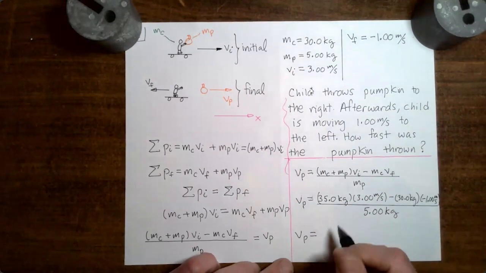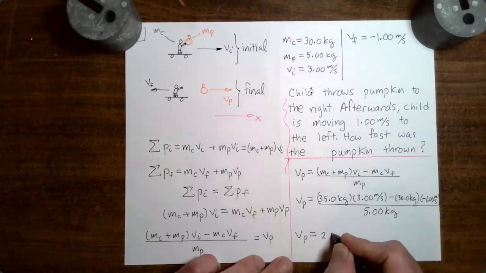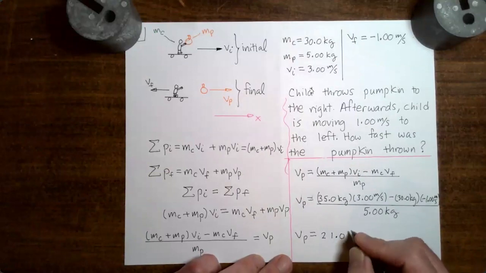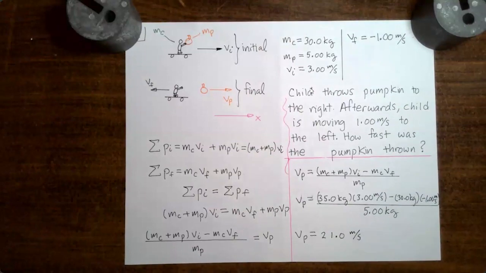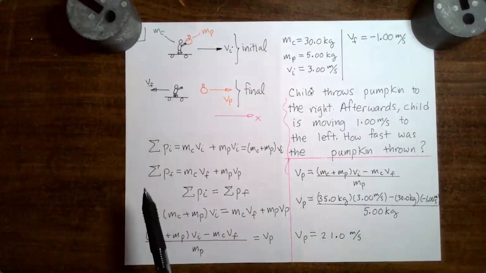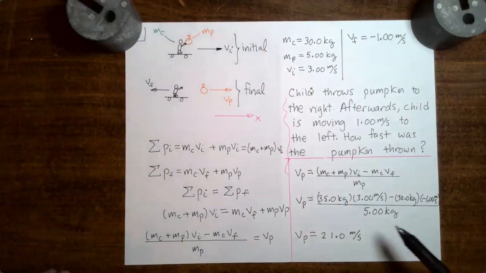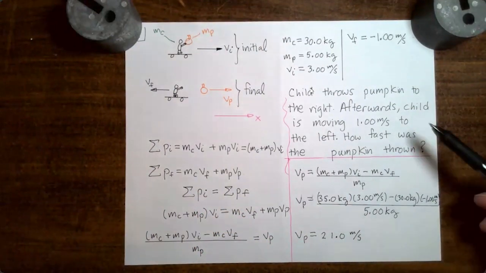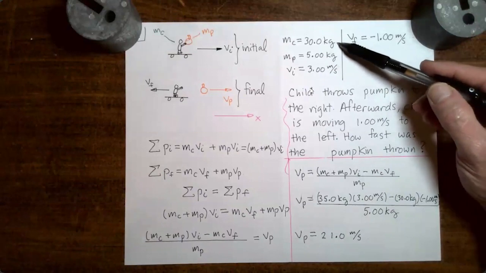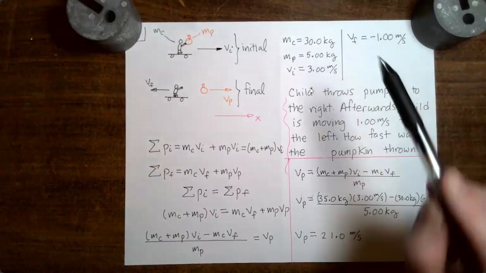When I substitute everything in, I get 21, and I'll let you do the unit checking on your own here, but the unit is meters per second, so the child threw the pumpkin at 21 meters per second. In case you were wondering, I'm well aware that this is a ridiculous speed for a 30 kilogram child to be throwing a 5 kilogram pumpkin.